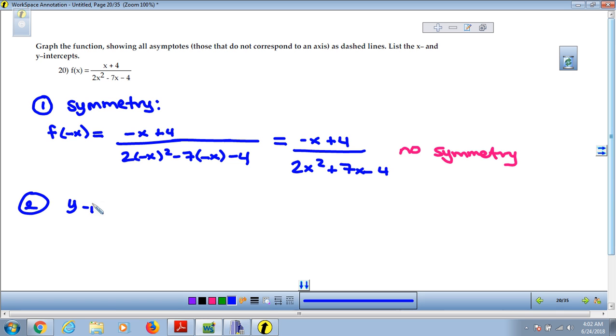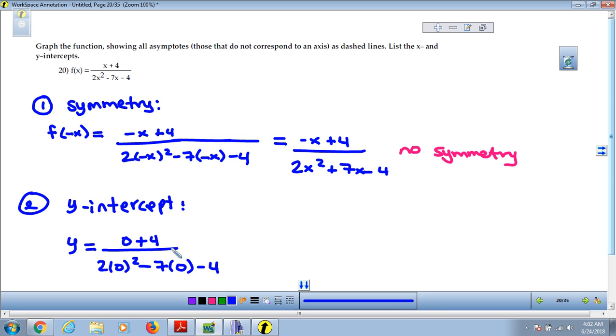Then I remember the next thing was find the y-intercept. So how do I find the y-intercept? I replace the x's with a 0. So 4 over negative 4, it's a negative 1. That's my y-intercept.